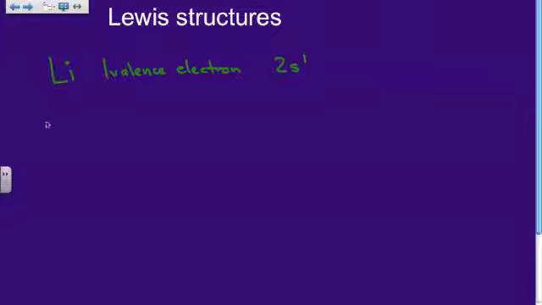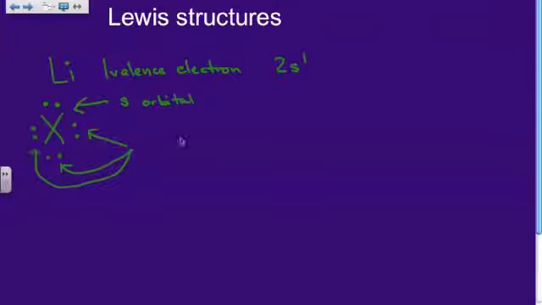In the general format for a Lewis structure, the top 2 dots represent electrons in an s orbital, and a possible 6 remaining electrons all represent p orbitals.